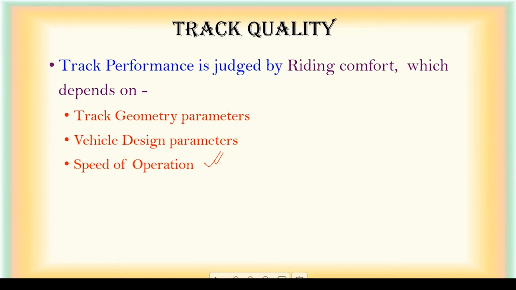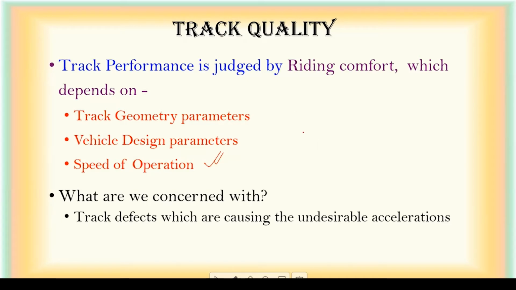But as far as we civil engineers are concerned, we are concerned with this part, and we have to ensure that we don't contribute to an unsafe condition as well as poor riding comfort. That is our duty as a civil engineer. So accordingly, we have to maintain our track within the laid down limits, as close to perfection as possible. But as I discussed, it's not possible to keep a track in a perfect condition. We can maintain only within certain laid down limits.